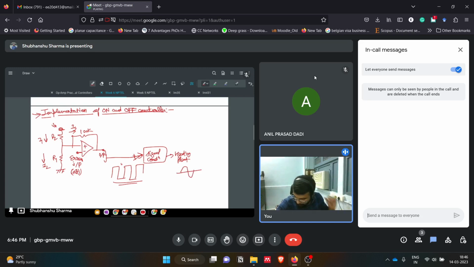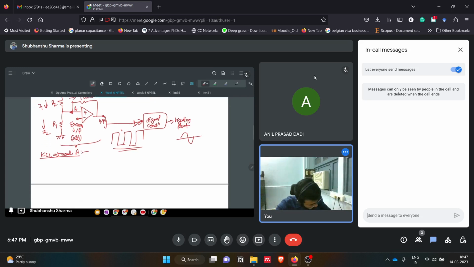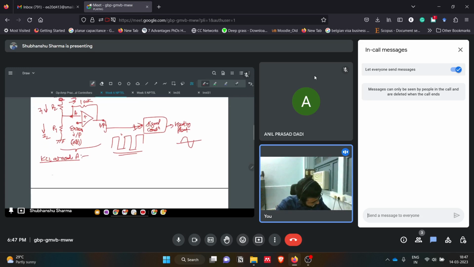So now if we talk about the equation for this, if we use KCL at node A, then it will be (V plus minus V1) by R2 equals V1 by R1 plus (V1 minus V0 1) by R3.